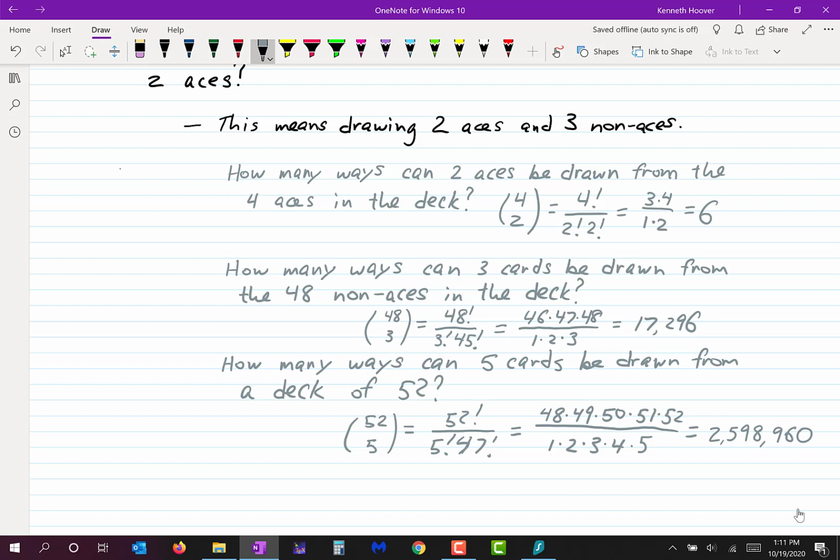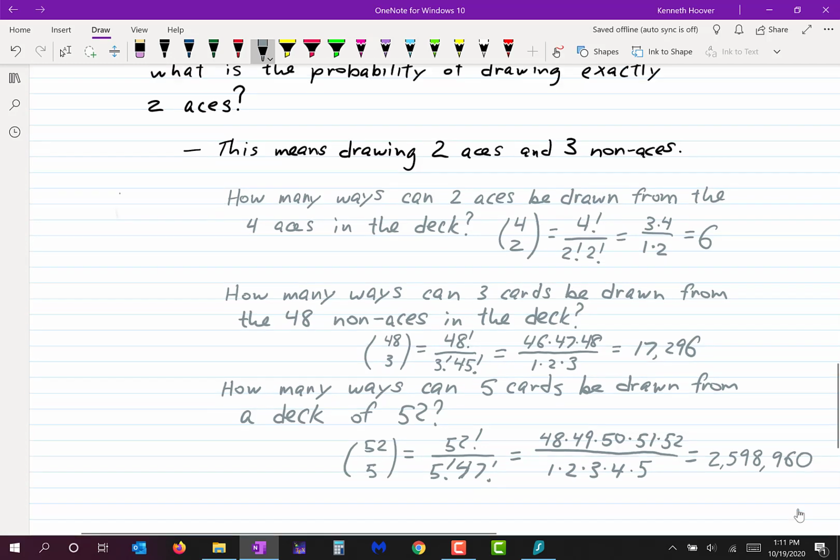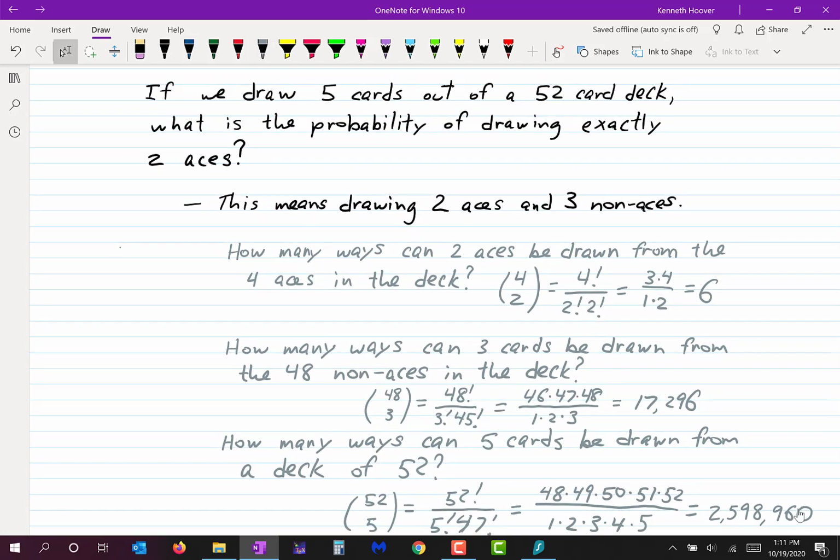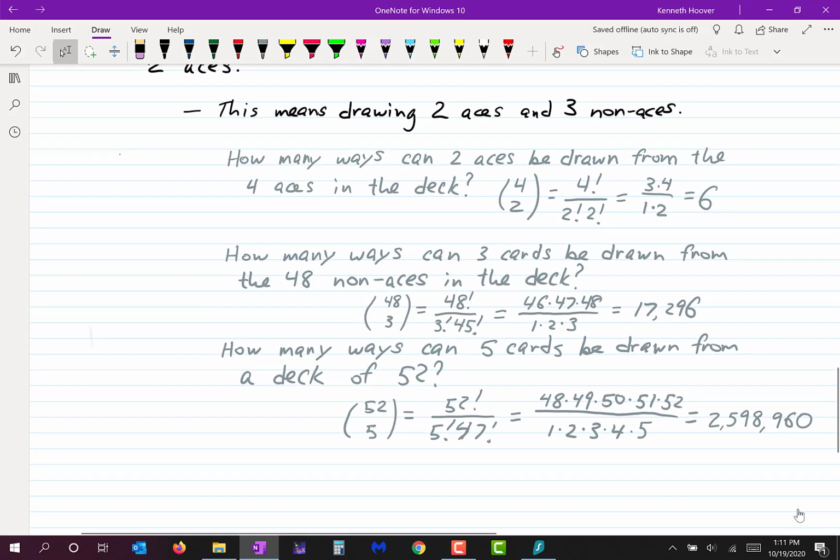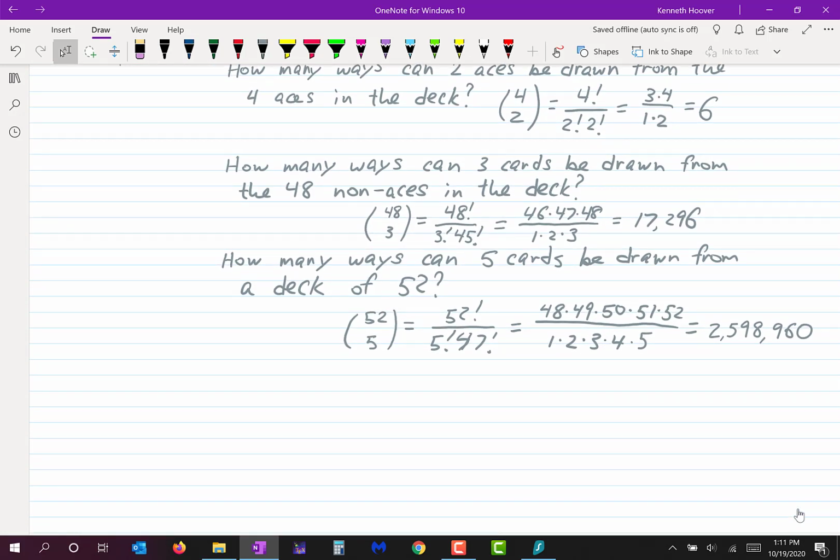So now, let's figure out the answer to our question. What's the probability of drawing exactly 2 aces? Okay, we can write this down now.